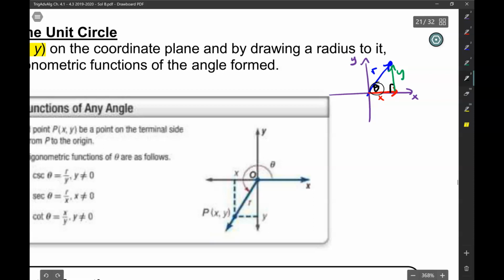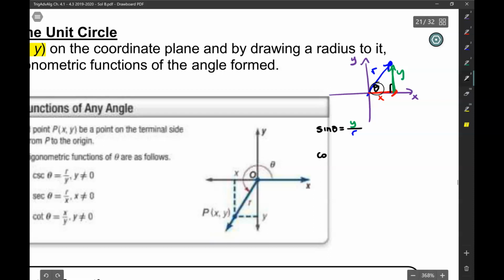So if we have our diagram set up like this, where theta is always that angle between the x-axis and the radius, then for sine of theta, remember it was always opposite over hypotenuse. So that's always opposite, this y, over hypotenuse r, and it always turned out that way.